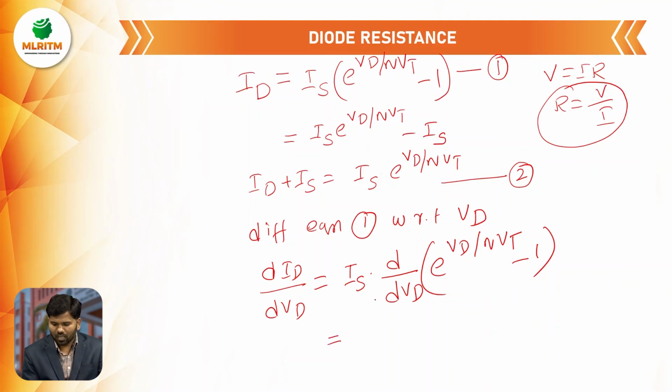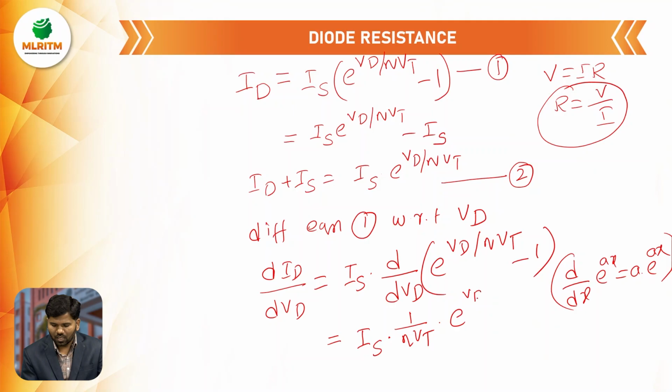We know that the differentiation of e power ax is equal to a into e power ax. By using this one, we are going to implement this. So IS into, since we are doing the differentiation with respect to VD, we will get 1 by eta VT into e power VD by eta VT.